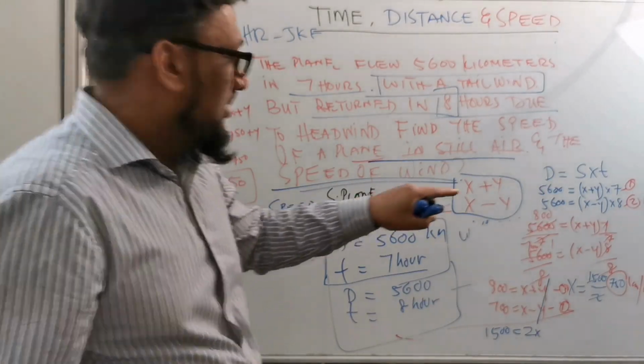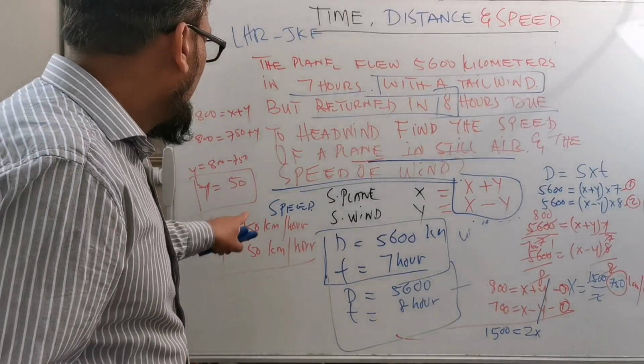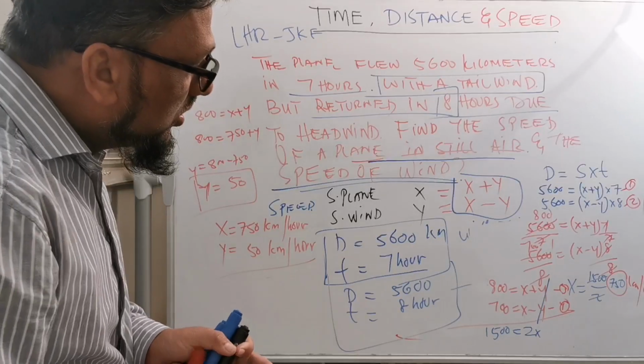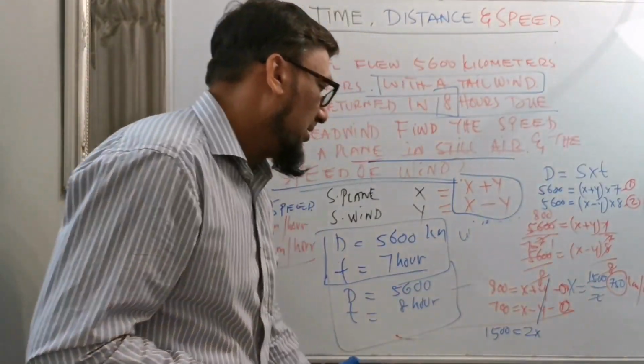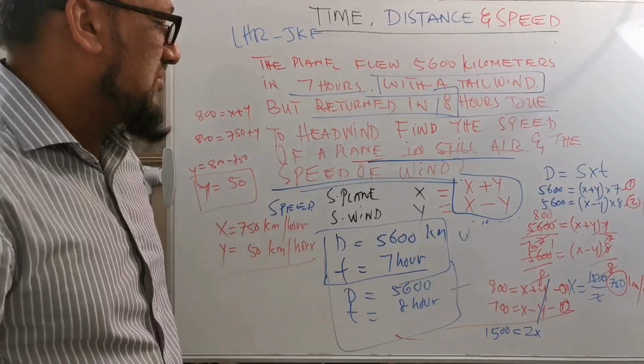And this 750 kilometer per hour, we substitute the value of this x in any of the equations. I put equation number 3, you can put equation number 4 to get the same answer.